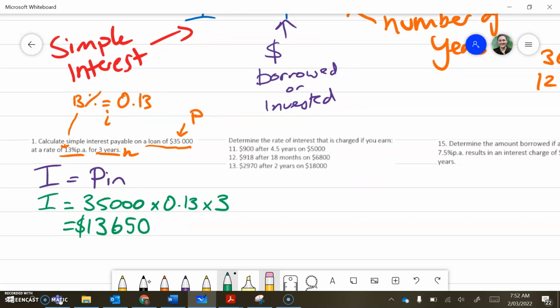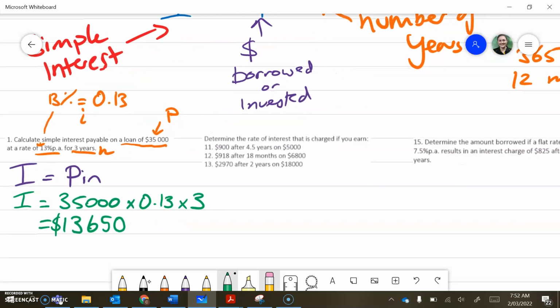Our next type of question requires us to find the rate. Here it says determine the rate of interest that is charged if you earn, and then it gives us the values. Because I see straight away that it's an interest question, I know I'm going to need my formula, I equals PRN. I then need to find out what information I know.